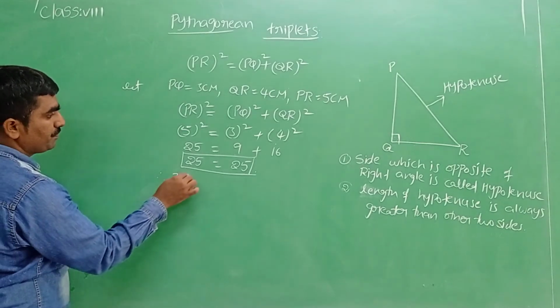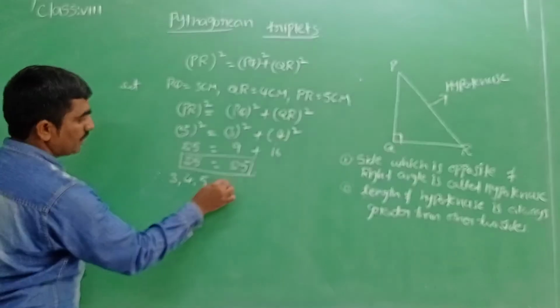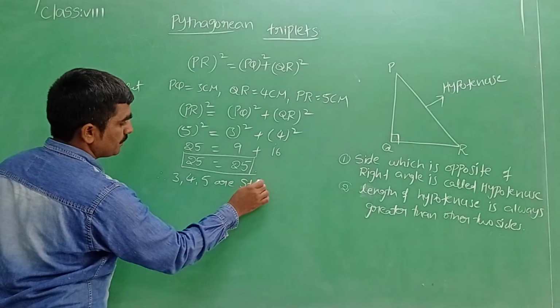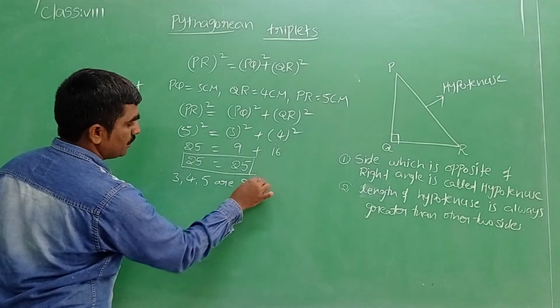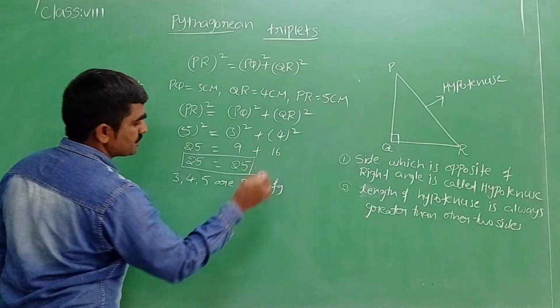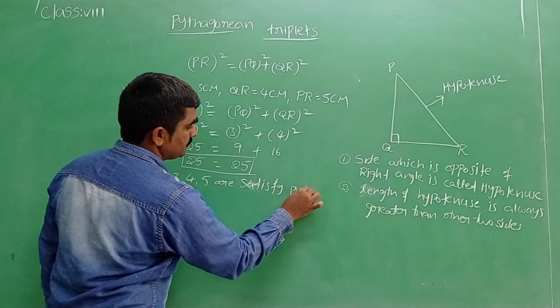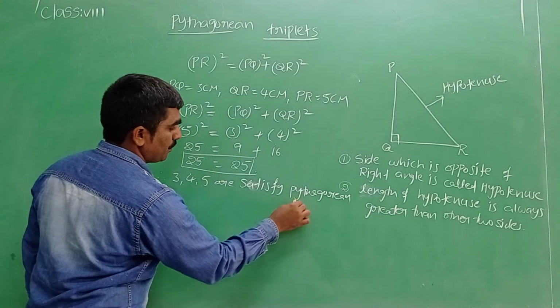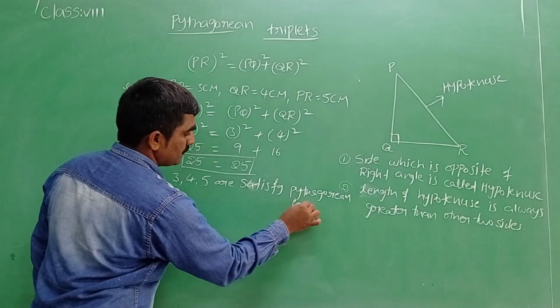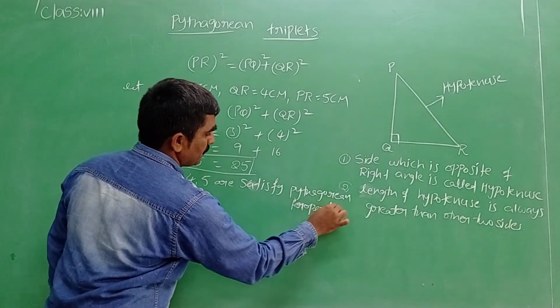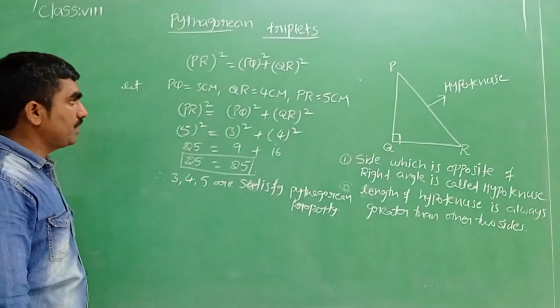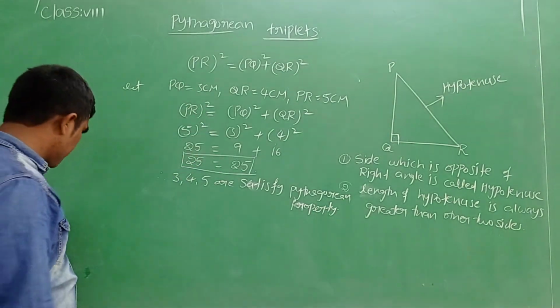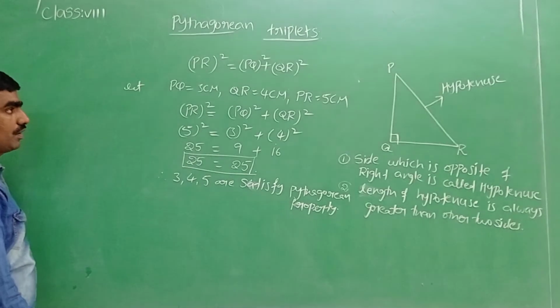Therefore 3, 4, 5 satisfy the Pythagorean property. So that is the way we can verify whether the given three numbers are Pythagorean triplets or not.